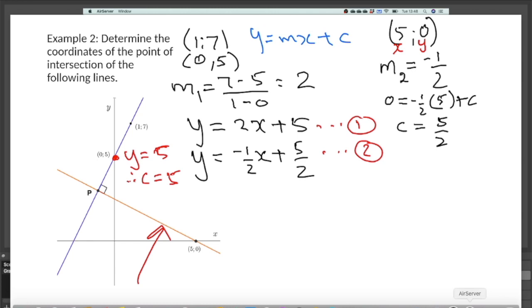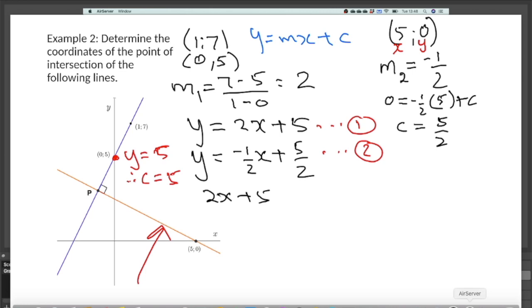Right, let's do that. Now it is clear from number 1 that the expression 2x plus 5 is equal to y. But from number 2, y is equal to minus half x plus 5 over 2. So it makes those two expressions equal to each other because we are solving simultaneously, remember.